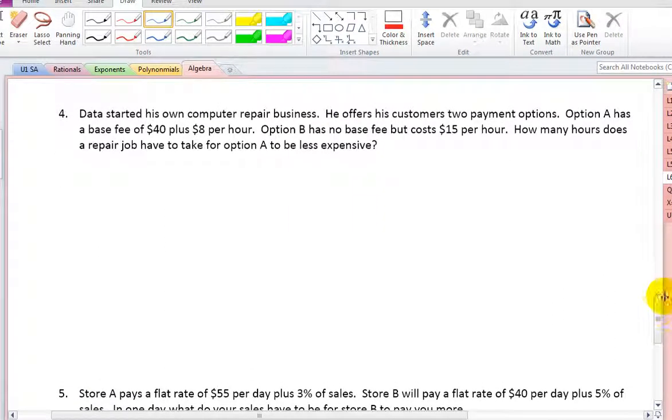Data. Start his own computer repair business. There's 2 payment plans, option A, option B. Okay, how many hours does a repair job have to take for option B to be less expensive? So what should your sign do? Okay. No, option B. Eat option B. Okay. Just make your equation and stop, please. Go.